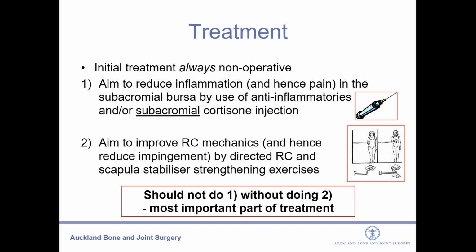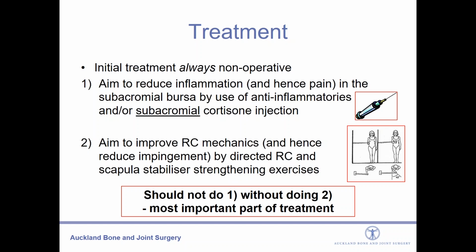And that's very important when it comes to treatment. So think of the inflammation in the bursa as pain that inhibits the rotator cuff. The rotator cuff then can't do what it's supposed to do, which is help stabilize the shoulder joint and keep the humeral head in the joint. So therefore further impingement occurs, further inflammation in the bursa. And so what we need to do is always two things.